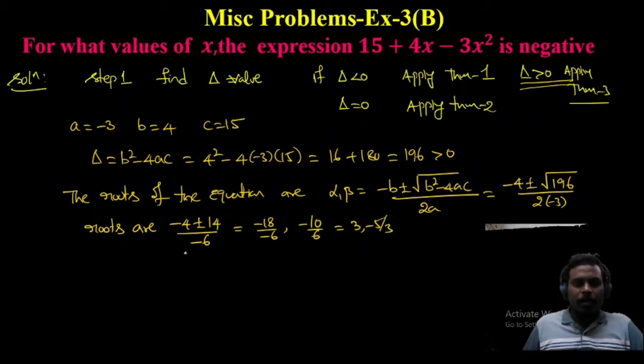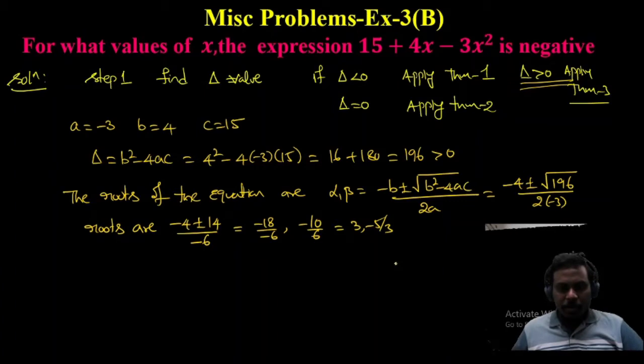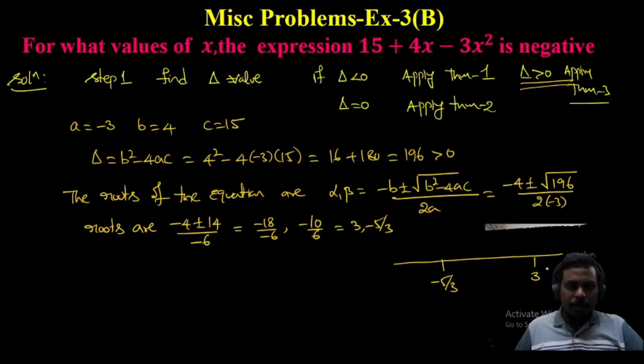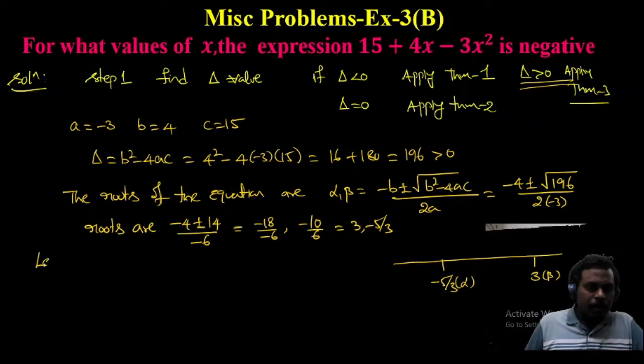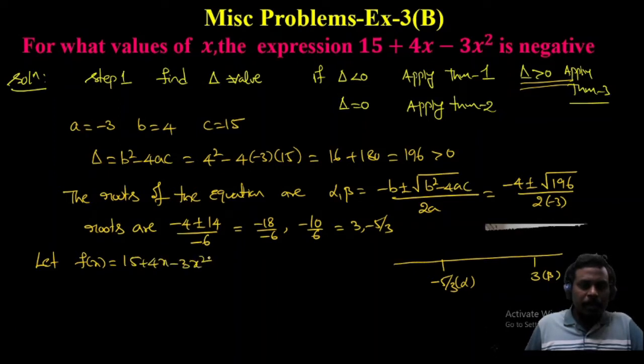Okay. Now let me draw a real number line here. So alpha is equal to minus 5 by 3 and my beta is equal to 3 here. This is my beta and this is my alpha here. Now let f of x be equal to 15 plus 4x minus 3x square.